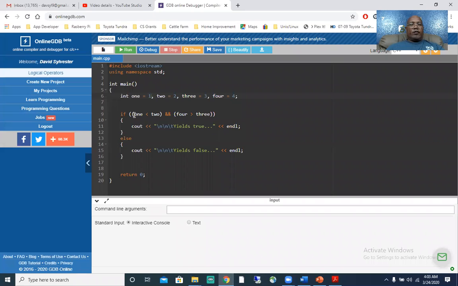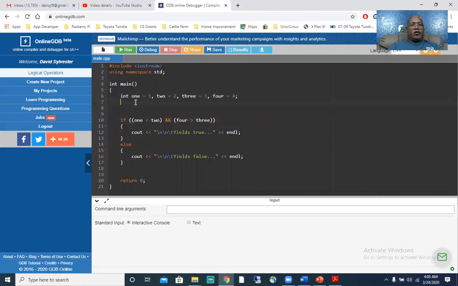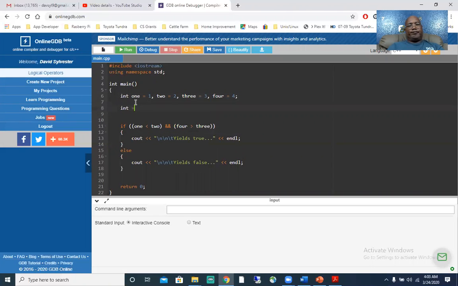If we do something like this, I'll say int range, and I'll give it a value, say 33.